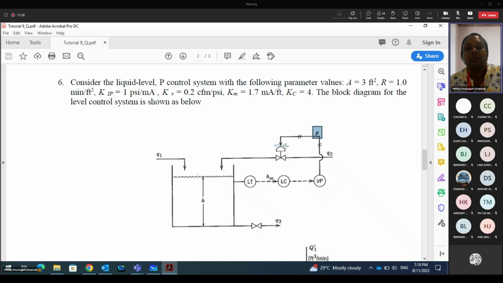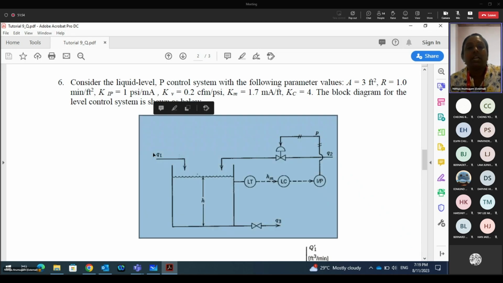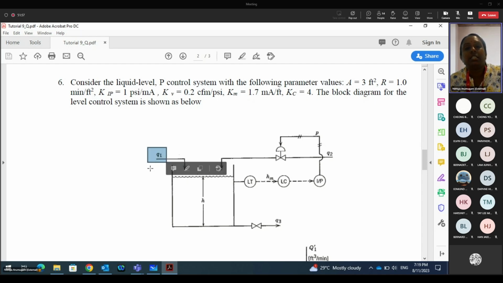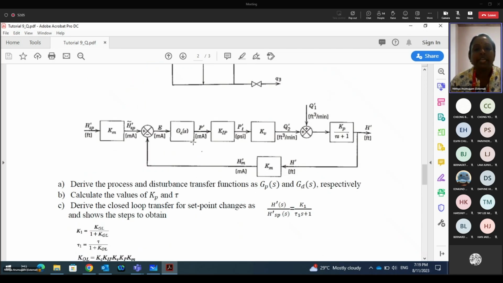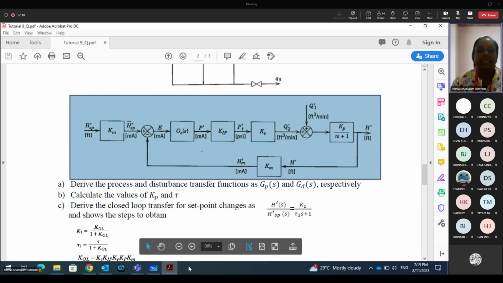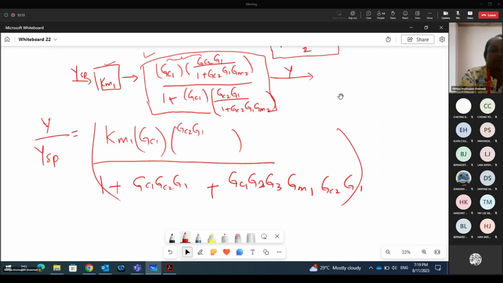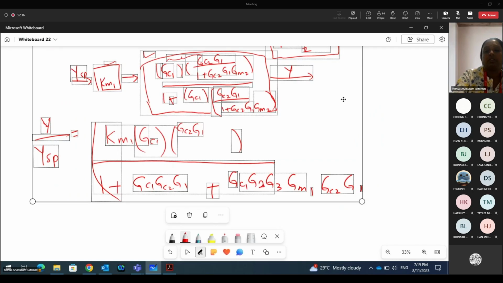With that, the control valve will manage the level of the liquid inside the tank. So with that, this will be adjusted. Here there will be a disturbance introduced, Q1. So here the disturbance will be Q1. It is already summarized in this block diagram.